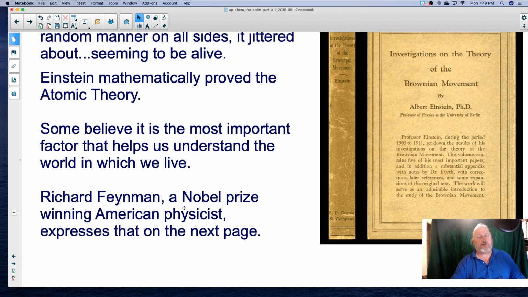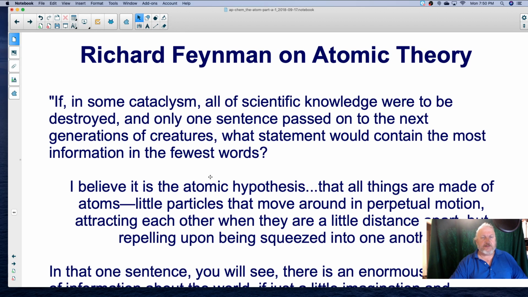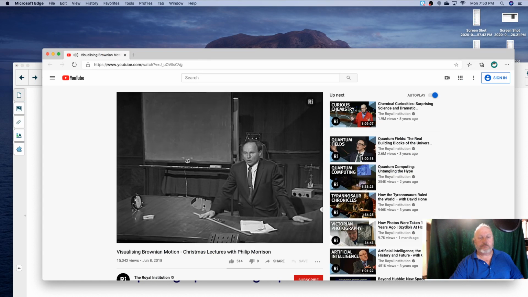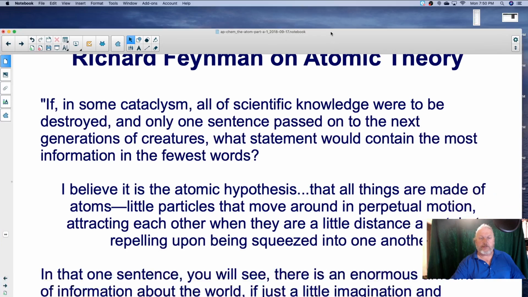In fact, Richard Feynman, who won the Nobel Prize, an American physicist, said this, and let's read this. If in some cataclysm all of scientific knowledge were to be destroyed, and only one sentence passed on to the next generations of creatures, what statement would contain the most information in the fewest words?